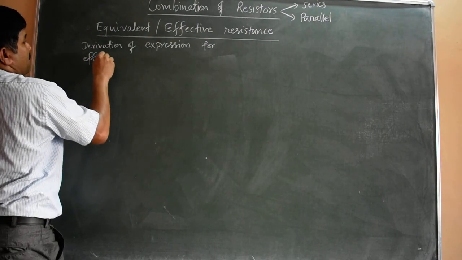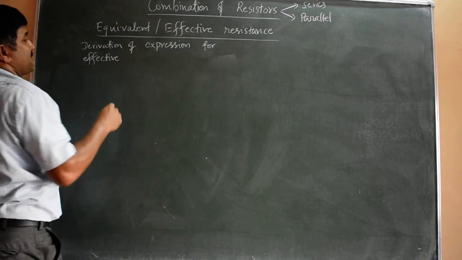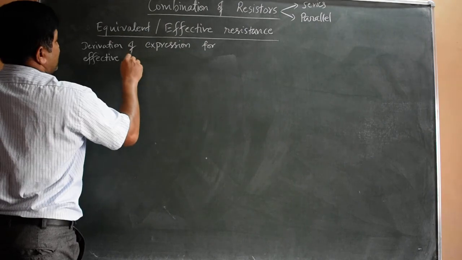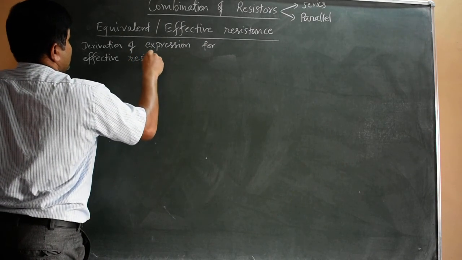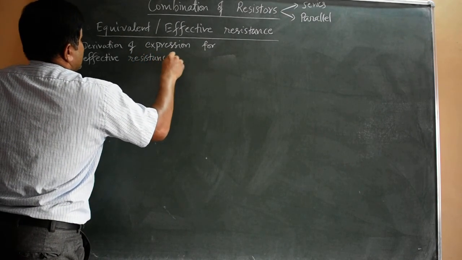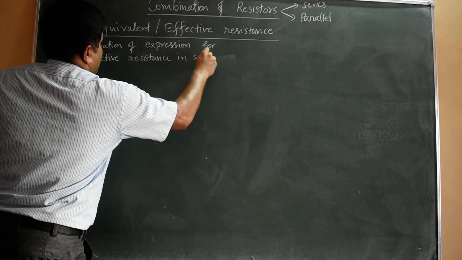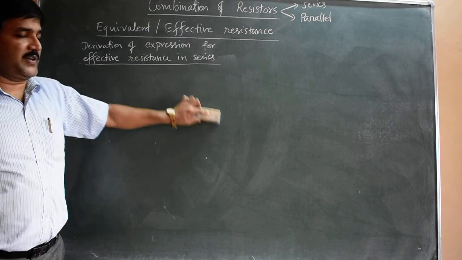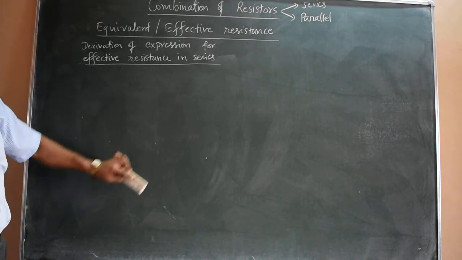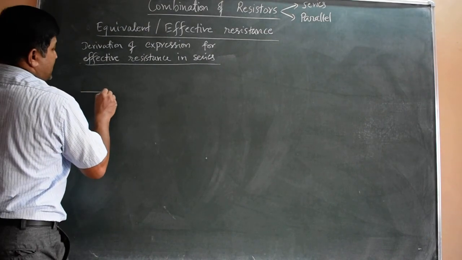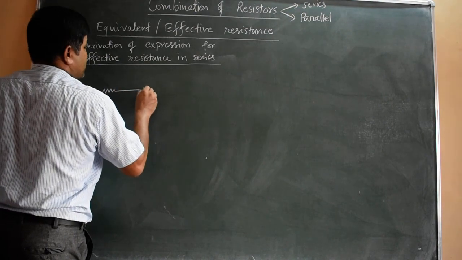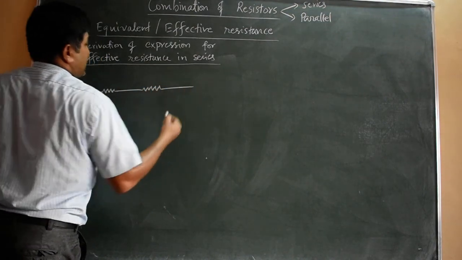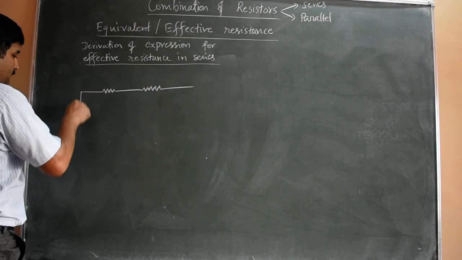Effective resistance, or equivalent resistance, you can say total resistance also, in series combination. When a number of resistors are connected in series, what is the expression for effective resistance? Consider two resistors for the sake of simplicity. We can take 3 also, we can take 4 also.